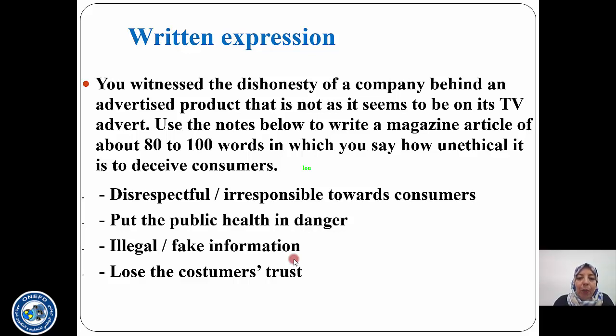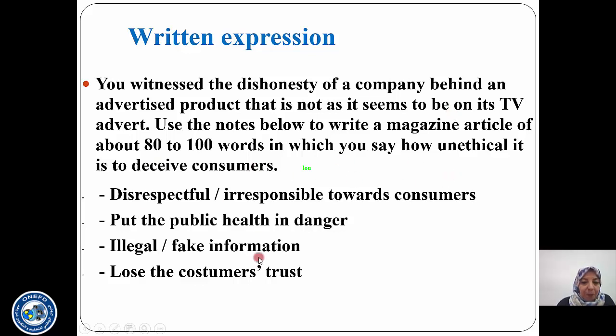So use the following notes to write a magazine article of about 80 or 100 words in which you say how unethical it is to deceive consumers. Okay, how unethical it is to lie to people.